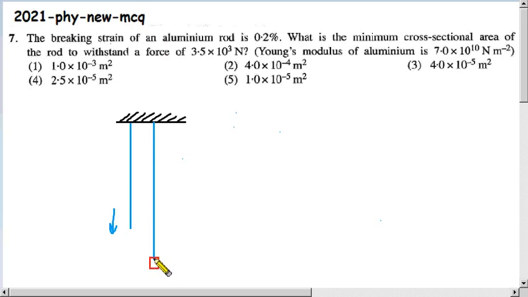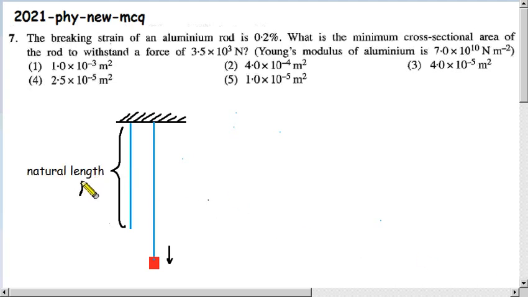So if you hang a weight like this, now we have given a downward force to the wire. All solids have the ability to stretch beyond their natural length. So this length is the initial length or natural length.